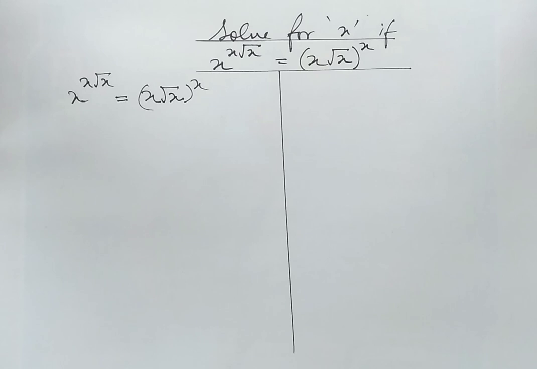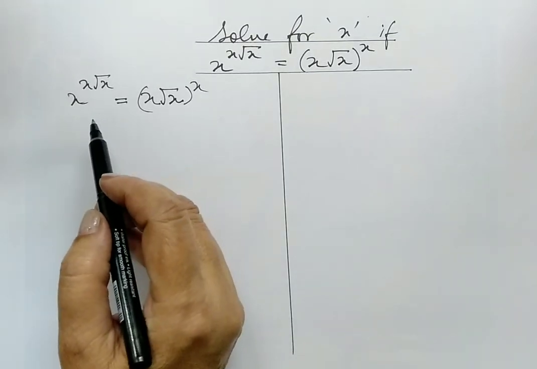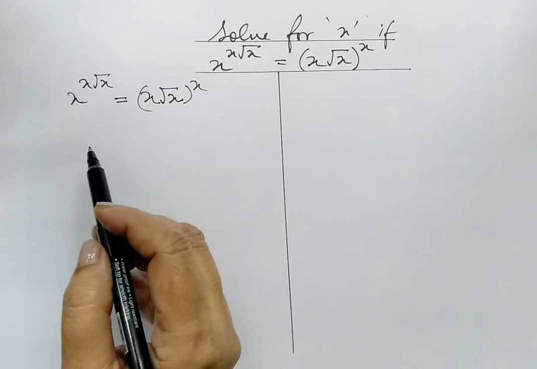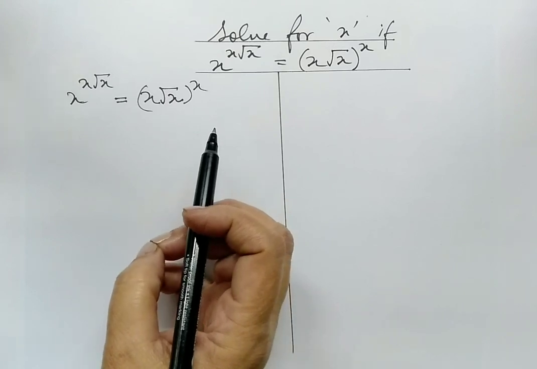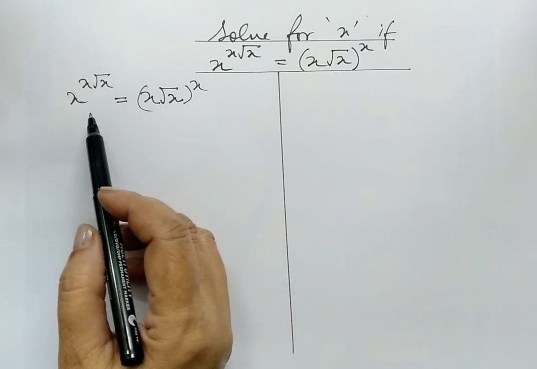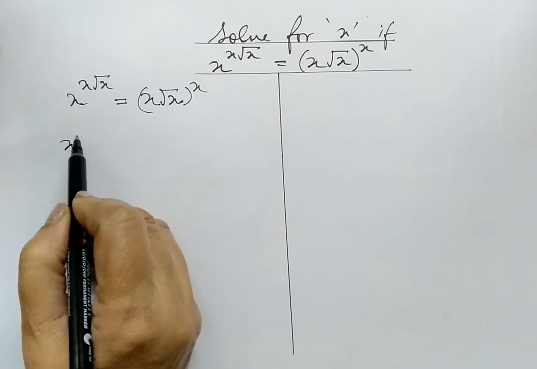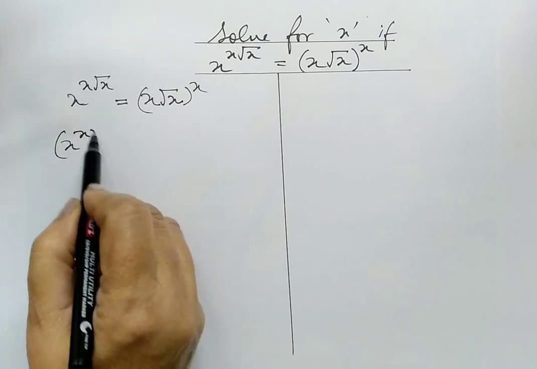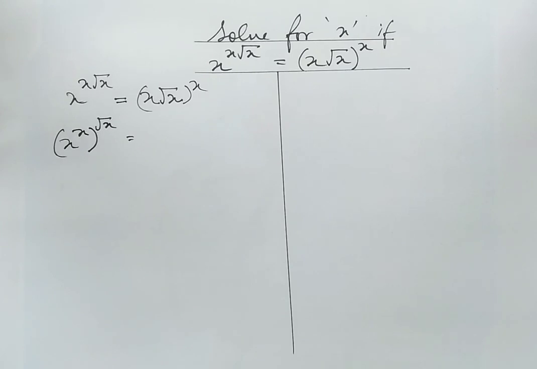All right, so I feel we should go one step at a time and do justice to this beautiful sum before us, correct? So to me, what I think is we can always put x to the power x outside the bracket of square root x. Got it? This seems more understandable.